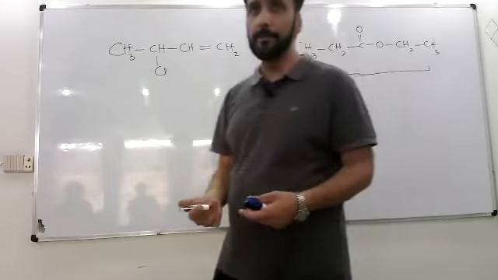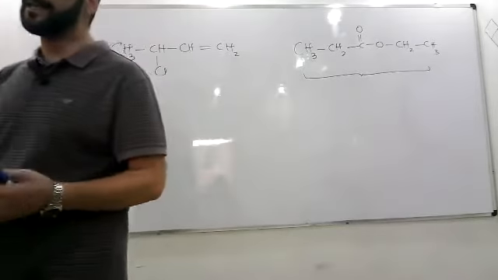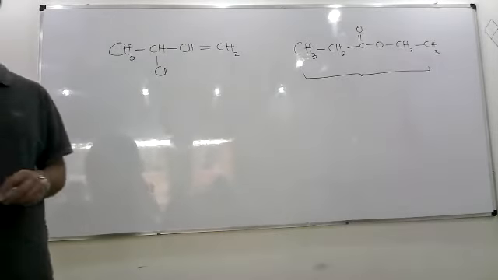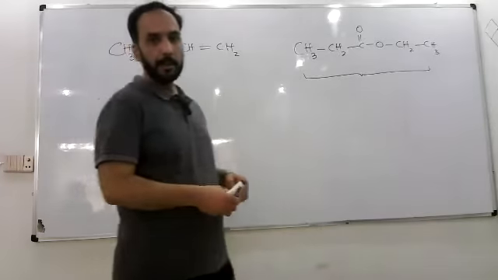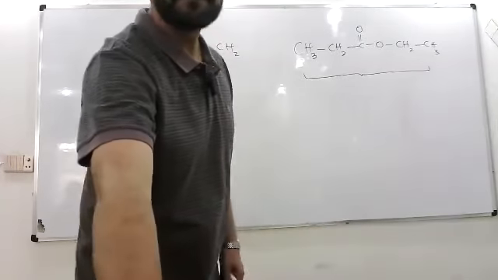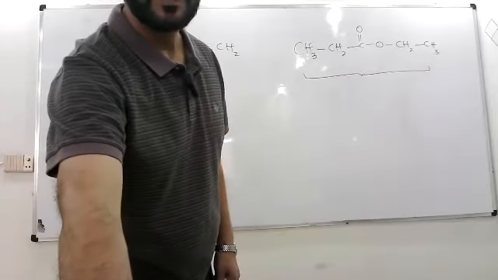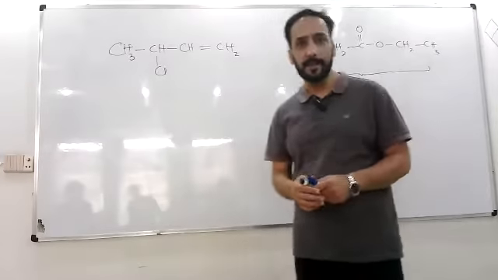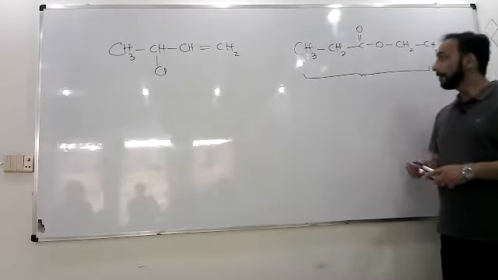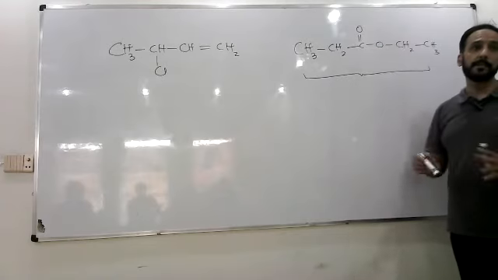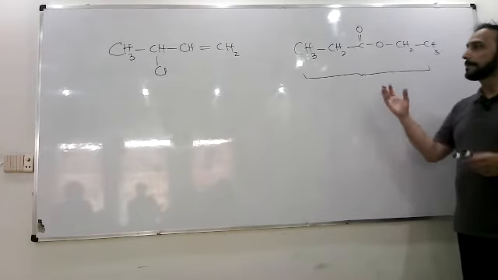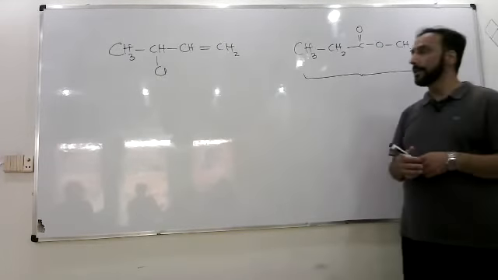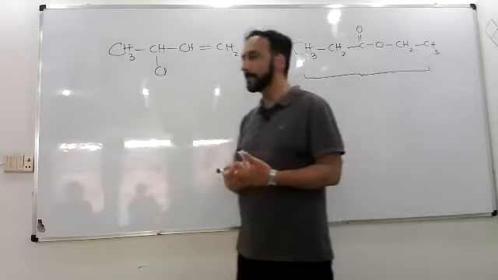Like the organic compounds that we studied: alkane, alkene, alcohol. What kind of compound is it? Yes, sir. This is an ester, right? When we have the COO thing inside the chain, it's an ester. And esters are made by the reaction of carboxylic acids and alcohols.